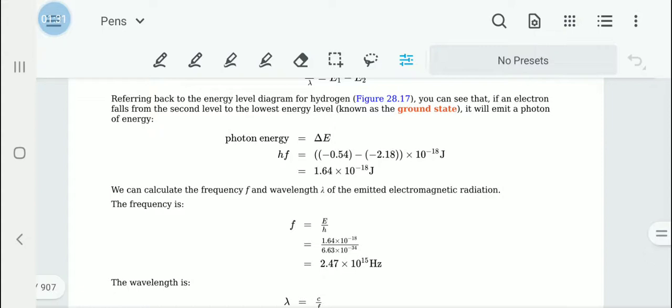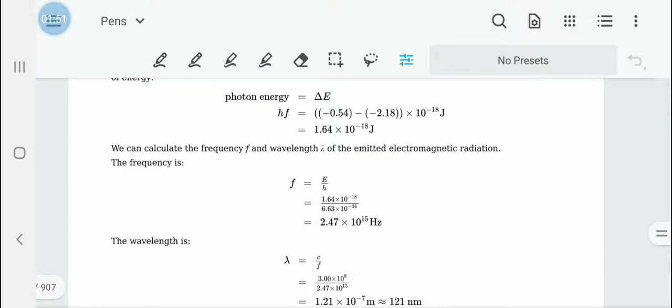The photon energy can be taken as hf equals delta E, which is negative 0.54 minus 2.18 into 10 to the power minus 18 joules. So you get 1.64 into 10 to the power minus 18 joules. This is the photon energy.